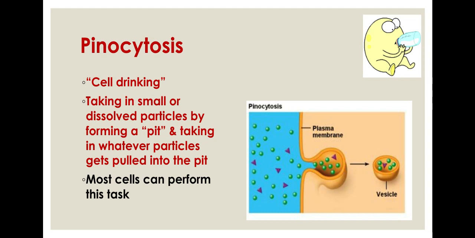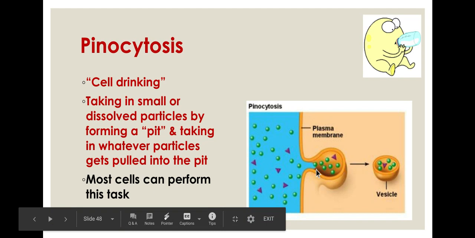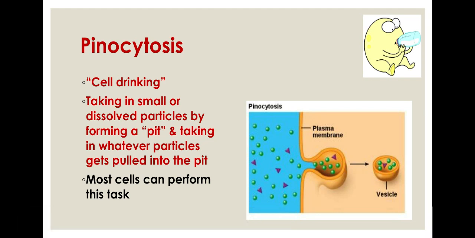Pinocytosis is cell drinking. These are particles that are dissolved, usually in water. It makes this little pit or little pore here that will pull in these dissolved particles and then bring them into the cell. This is much more common in cells.